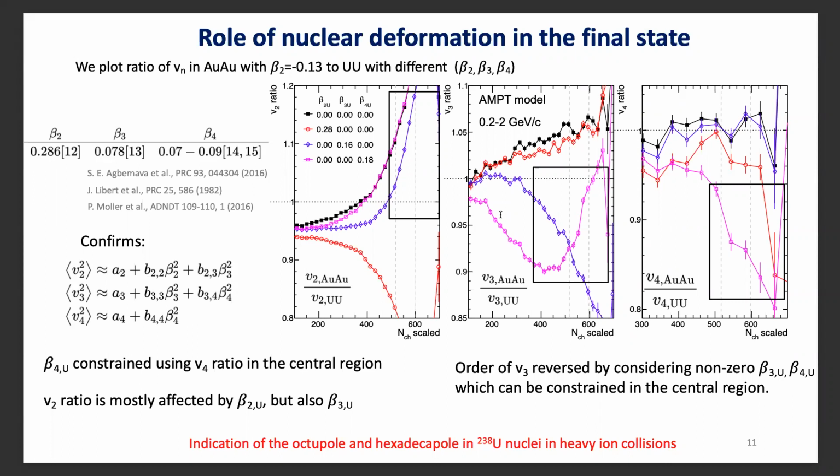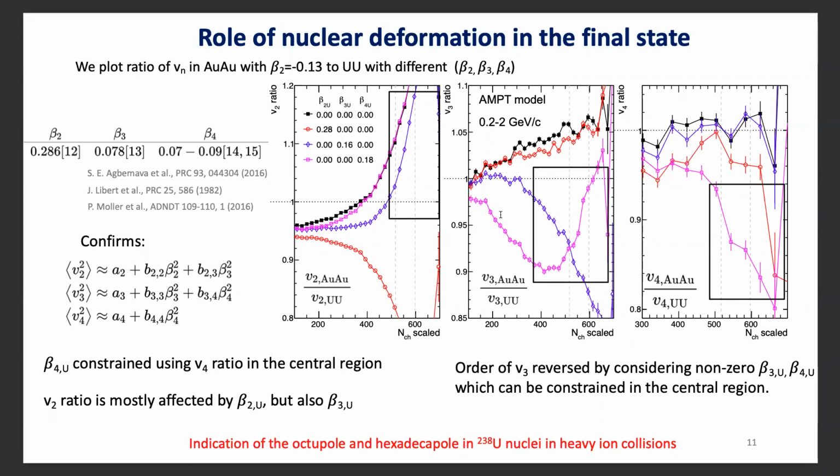The question is what is the deformation impact on the hot region? The answer is multiple. When you fix a certain multiplicity, you have a range of impact parameters and a range of relative orientations, and each collision has a different overlap. The deformation of the nuclei enters in some complicated way into the ensemble, but you see that it matters because it's not the same as if we were not.